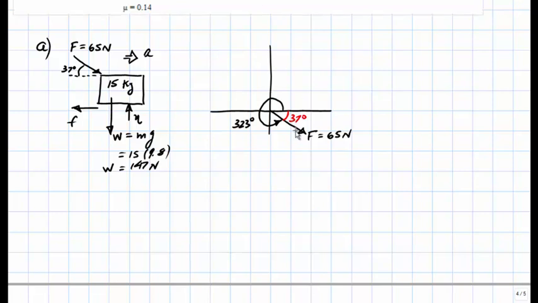Let's calculate the x and y components for this force. Of course, the x component just equals F times the cosine of the angle, 65 times the cosine of 323, and that equals 51.91 newtons.